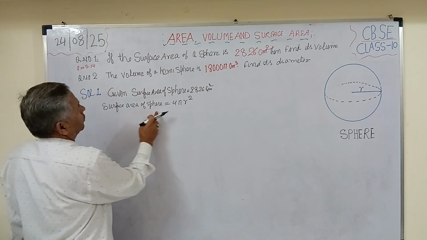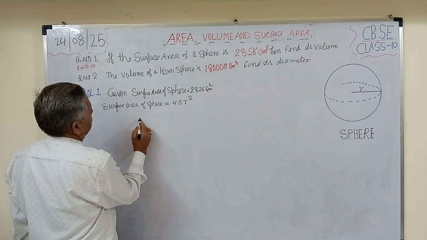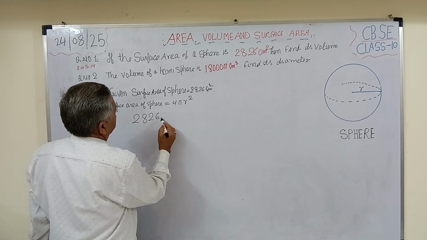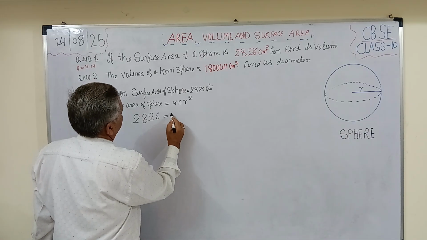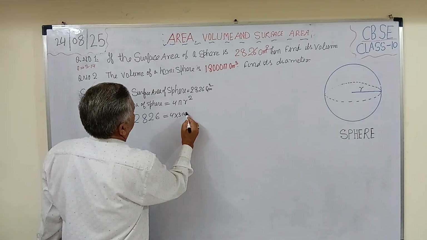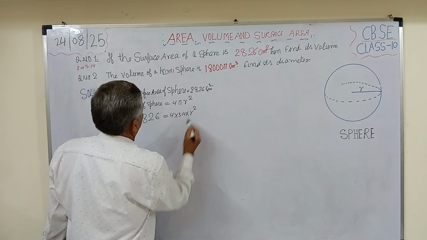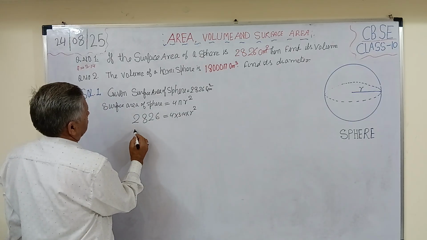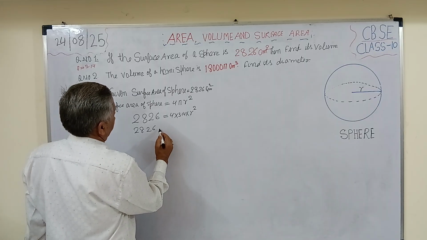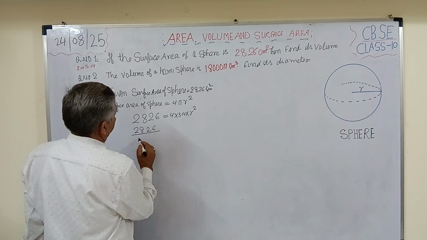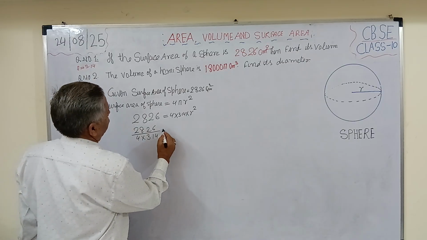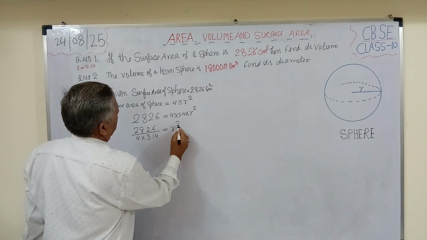The surface area is given to us, that is 2826 equals 4 into 3.14 into r square. Now 2826 upon 4 into 3.14 equals r square.